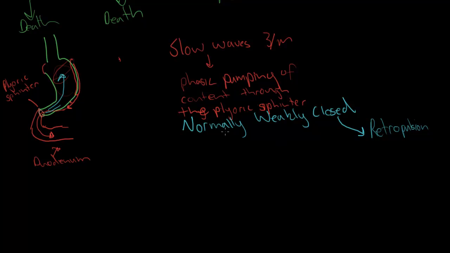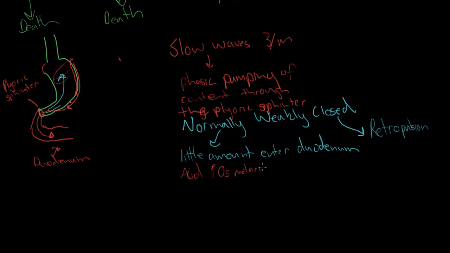Now, the other thing that happens is that a little amount will enter the duodenum. Now, what happens here? A little amount of what? Let's remember that it's a little amount of your quite acidic chyme, high osmolarity, and high nutrition.